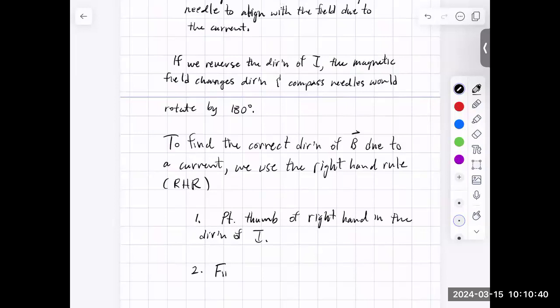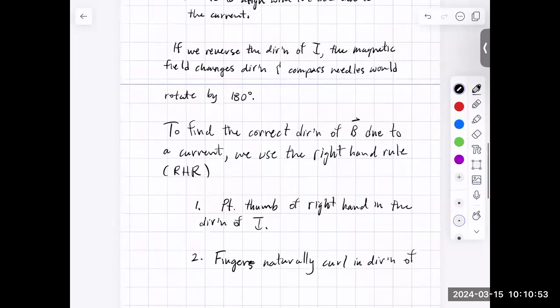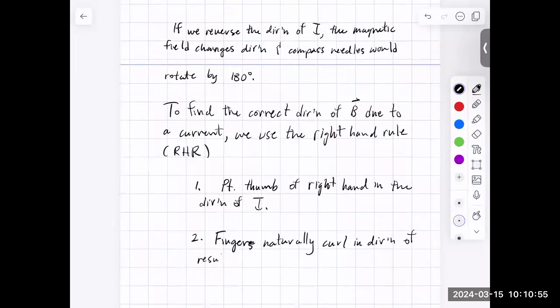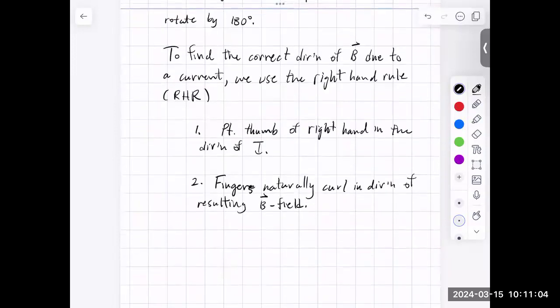Our fingers naturally curl in the direction of the resulting magnetic field. Okay, so let's try this.